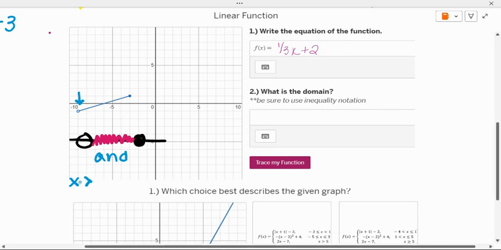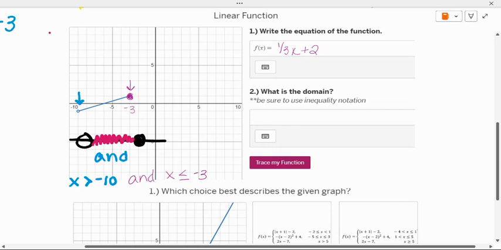So all of the solutions x are greater than -10. But I also need to look at the largest value. And the largest value is -3. So this means "and" x is less than or equal to, because this is a closed circle, -3.